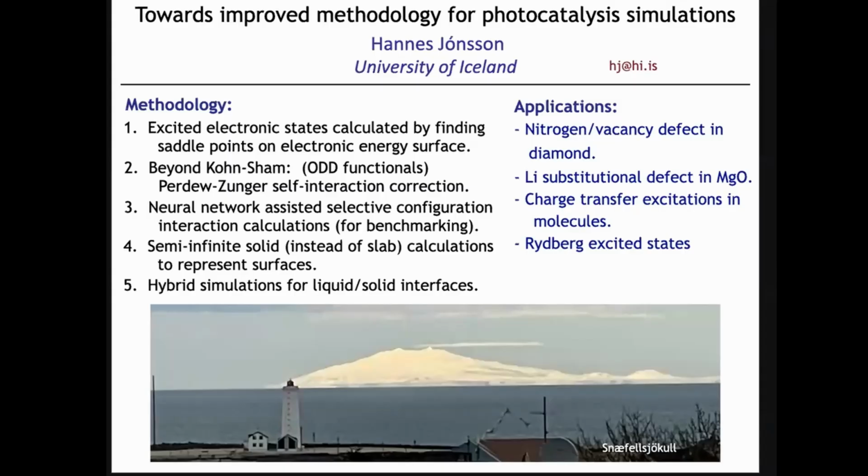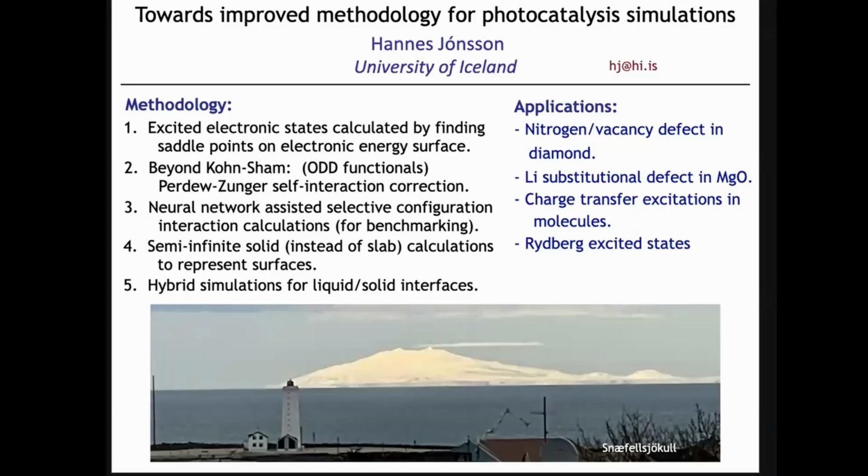I'm going to talk a little bit about neural networks. I mean, every talk now has to have machine learning for sure. We are now calculating also electronic states, in particular excited states, with neural networks to accelerate so-called configuration interaction, which is the most exact way of doing electronic structure calculations, okay?